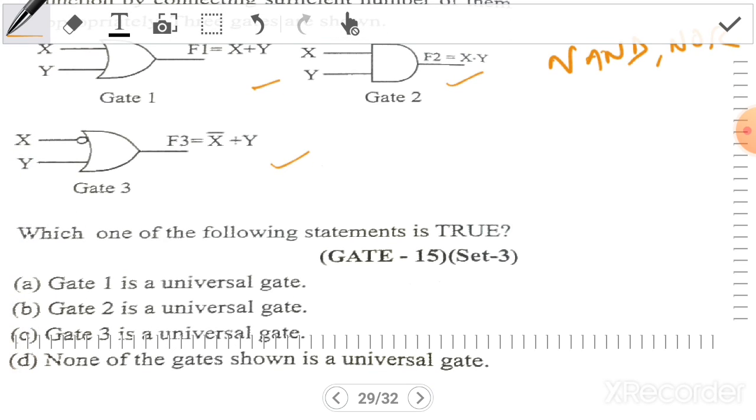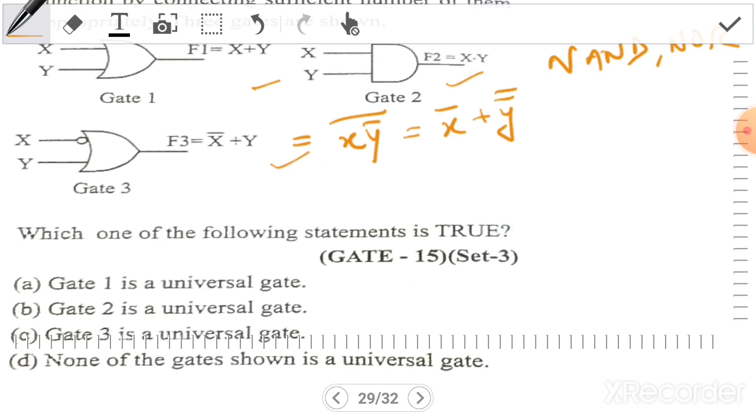So let's see gate number 3, which can be written as x complement plus y complement.